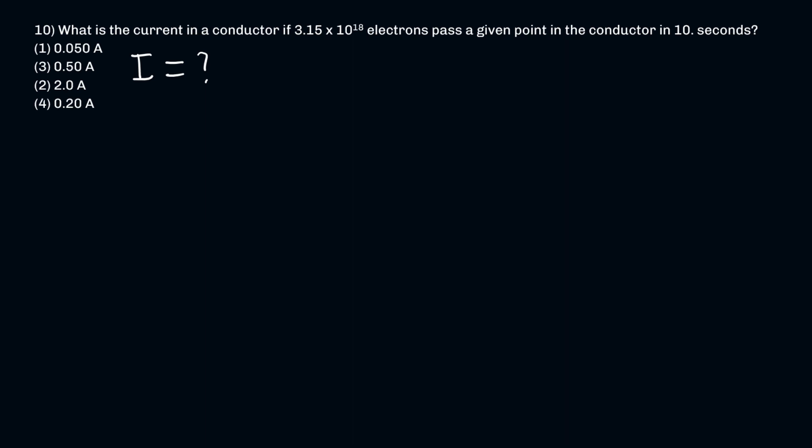And then it tells me that 3.15 times 10 to the 18th electrons pass a given point. This is also actually a charge, but it is not in coulombs, it is in elementary charges. This is the dreaded having to convert into coulombs. For some people, this could be more difficult; for some, this comes really easy. I will explain it again.